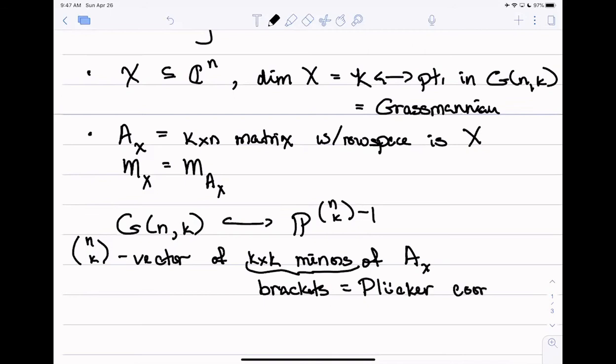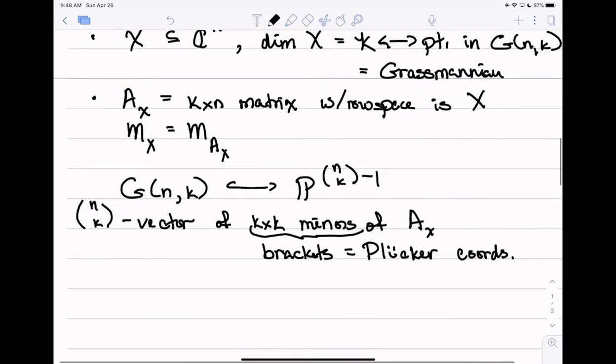So these are the Plücker coordinates of my subspace. Again, this length n choose k vector is not well defined because I could have picked a different matrix if I picked a different basis for my subspace. But any change of basis just changes all the brackets by the same determinant of that change of basis matrix. So up to a non-zero scalar, this vector is well defined, and that's why I'm really living in projective space, okay?